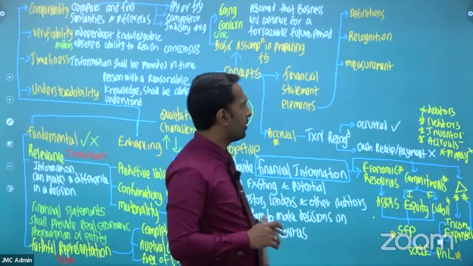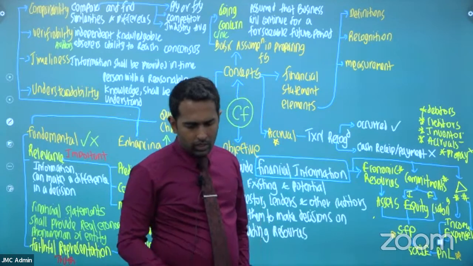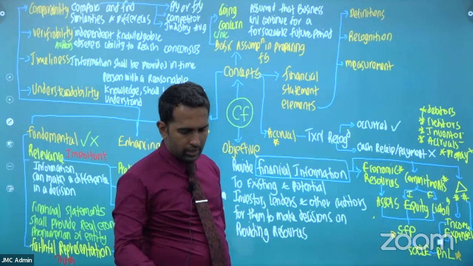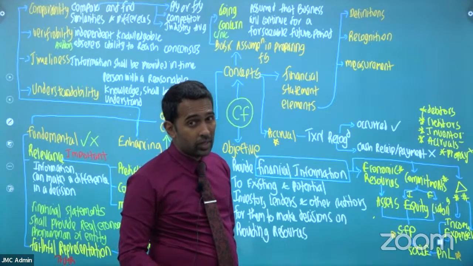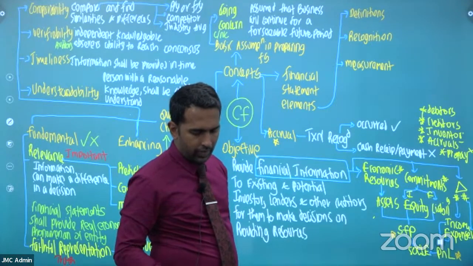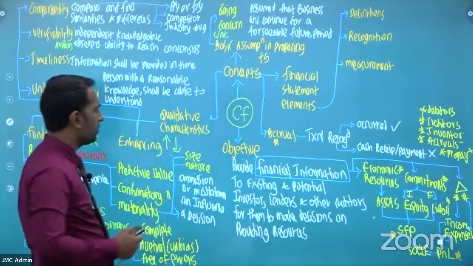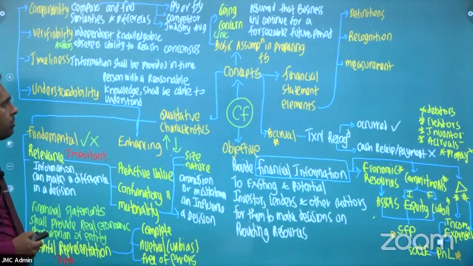Considering the availability of space, I'll move on to the next slide to discuss the financial statement elements. This is part of our mind map, and you should be able to get this into one page.